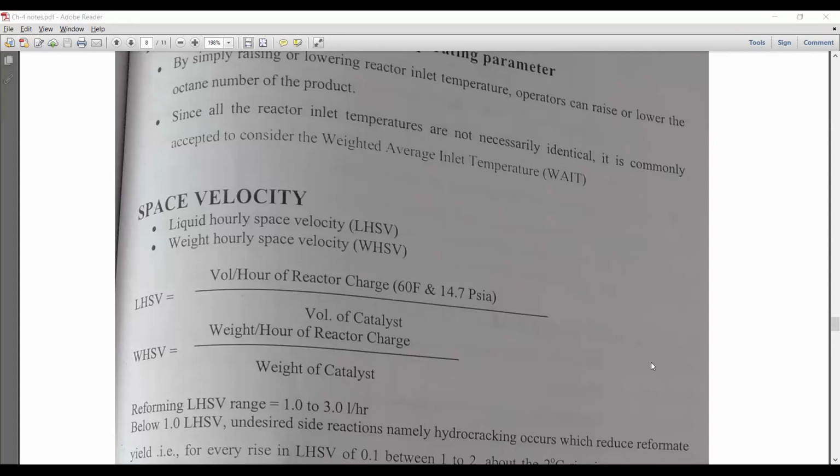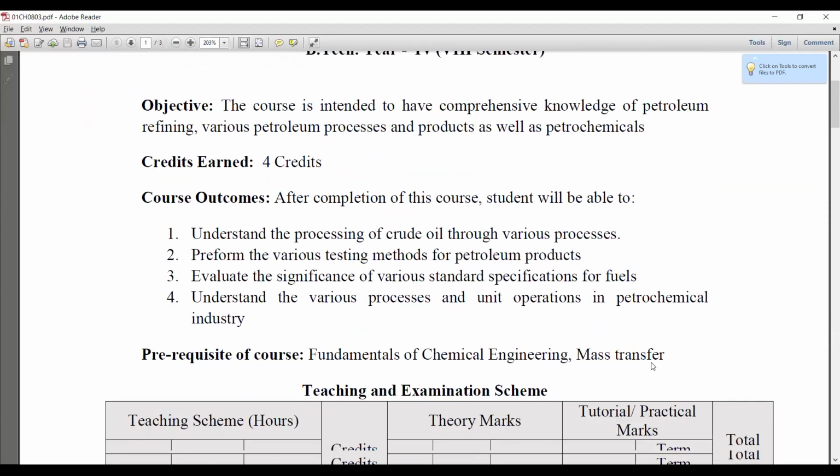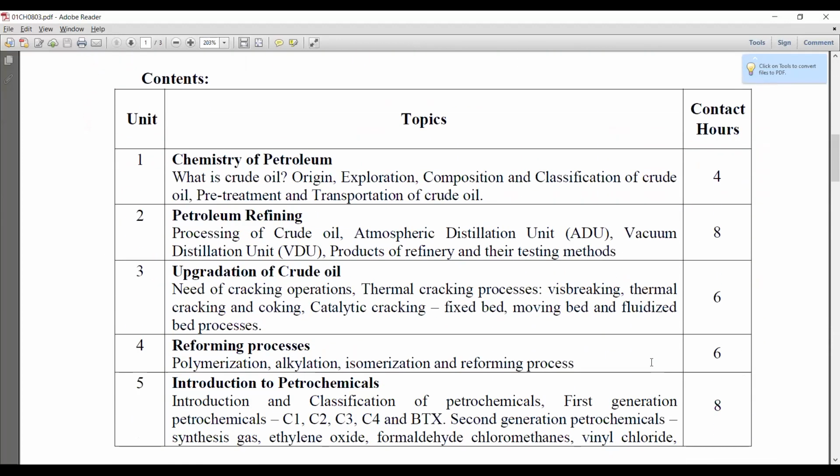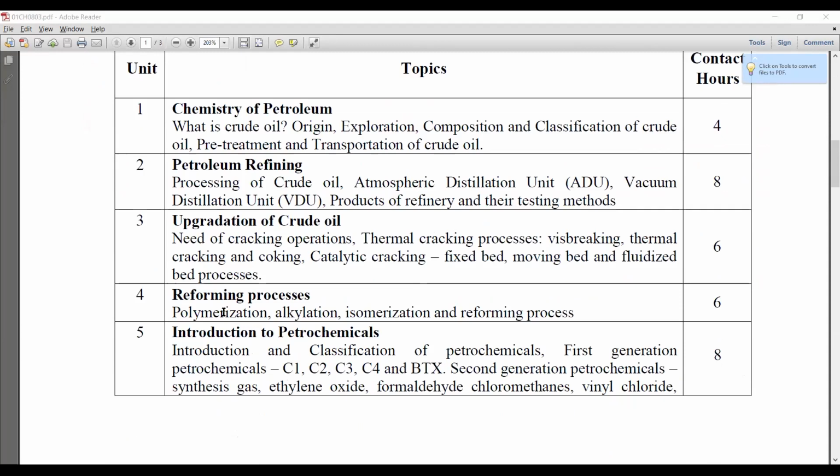So this is your syllabus. Polymerization, alkylation, isomerization and reforming processes were in chapter 4, which we have completed. Now it is the introduction to petrochemicals. For petrochemical classification, we have first generation, second generation and third generation petrochemicals.